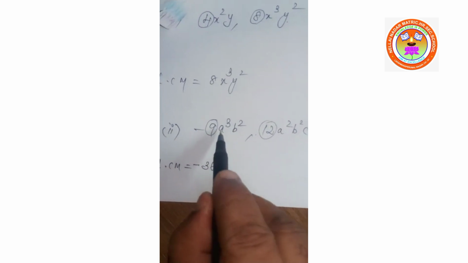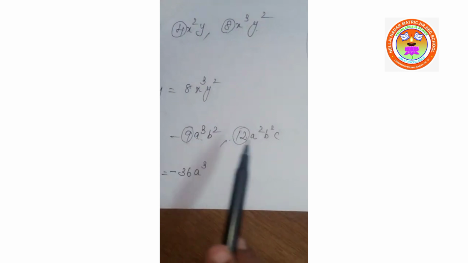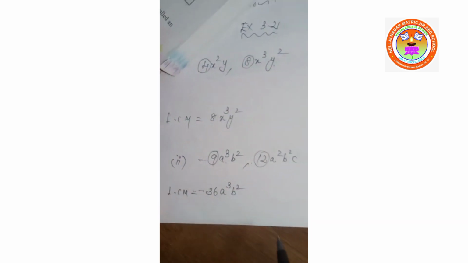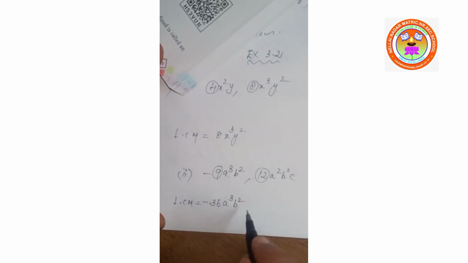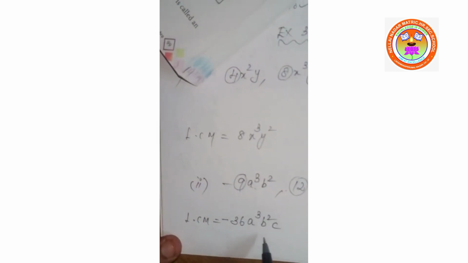Next, a cube, a square. A cube, a square, which one is greater? A cube. Then b squared, b squared. So common only. So write b squared. Here c, even though there is no c at all, that should be included. That is the answer, LCM. So minus 36, a cube, b squared, c.